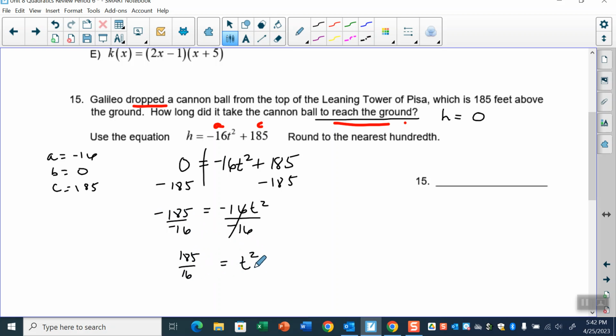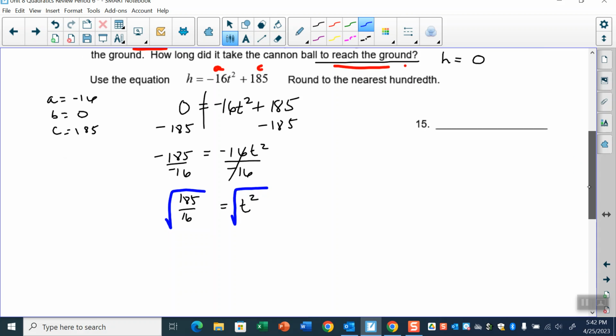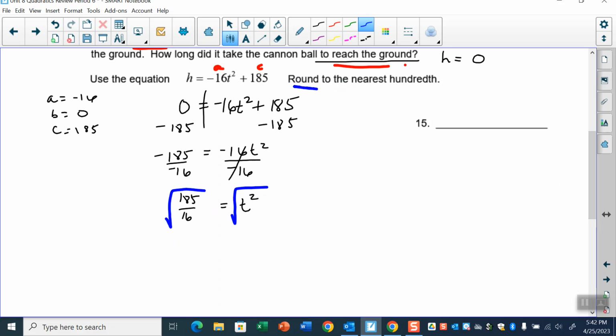Because a negative divided by negative is positive. And then now what I'm going to do is, remember the inverse of t squared is the square root, right? So I square root both sides. Okay, and now it says round to the nearest hundredth. If I have t squared, that's the square root of t times t, right, that's a pair, so the t comes out, so that equals t.